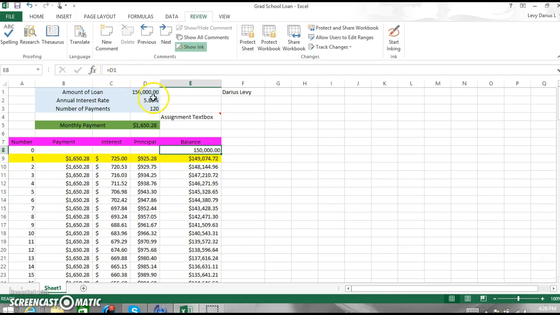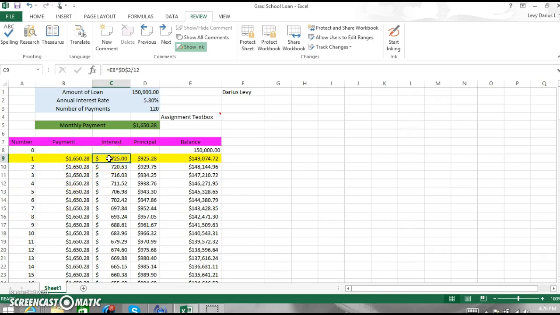So if any time I change this number on D1, it would automatically go right here, and since I have everything plugged in, it would change all of these numbers also because the balance is different. Whereas this right here equals A8 plus 1. So it'll be this number plus 1, and you can keep going down with it and continue as you want.